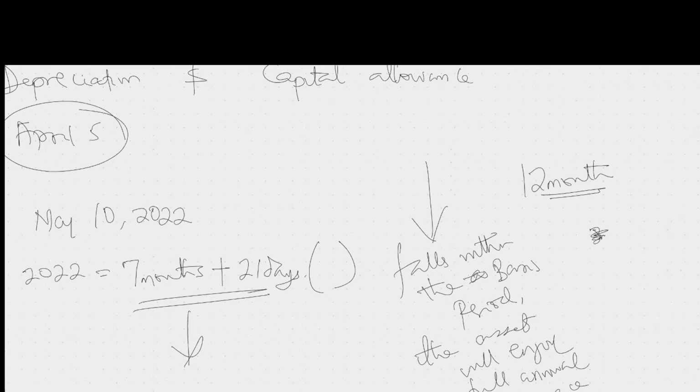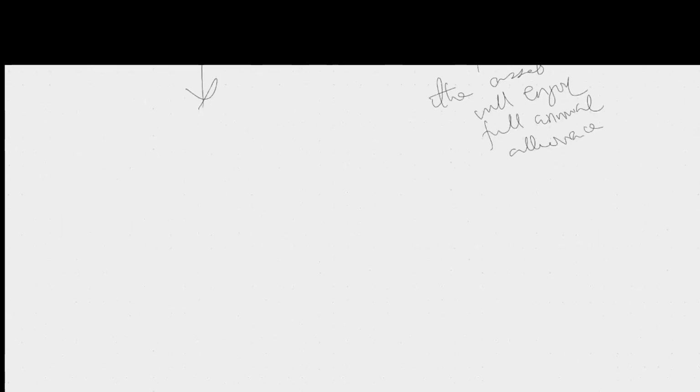Now, what is the procedure for computation? The first thing that you need to do is to identify the asset and look at the years in which they are going to be introduced for the purpose of capital allowance in our question. So, what is the name of this company?